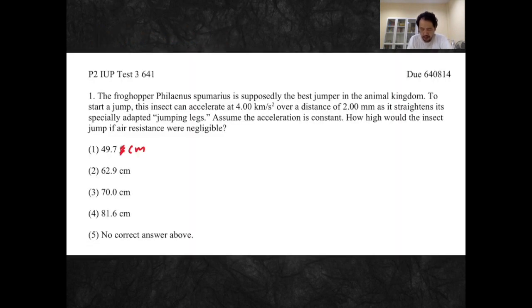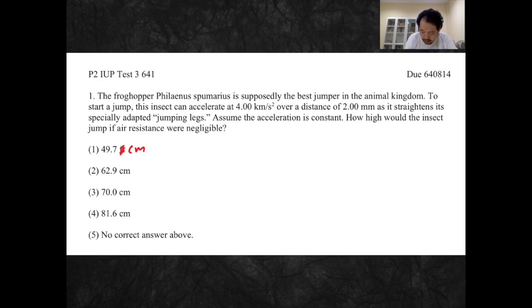In the problem, it says that the frog can produce the acceleration during the mechanism of straightening its leg, and it gained the acceleration of 4 km per second squared over the motion of 2 millimeters.